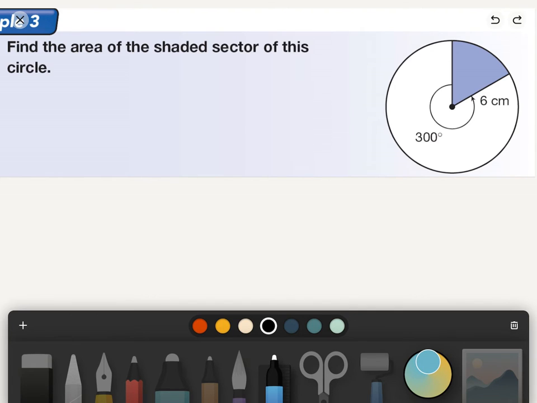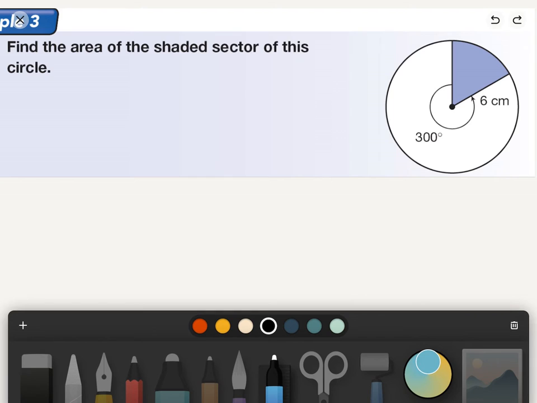Find the diameter? No, I think the diameter is kind of a gimme, and we don't need to find that. We're trying to find the area. So it's not the diameter we're worried about. What's the first thing we should do? What's our step 1?